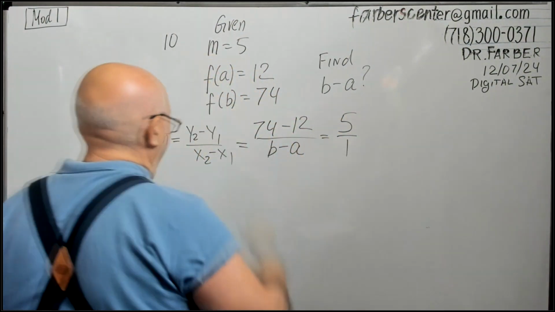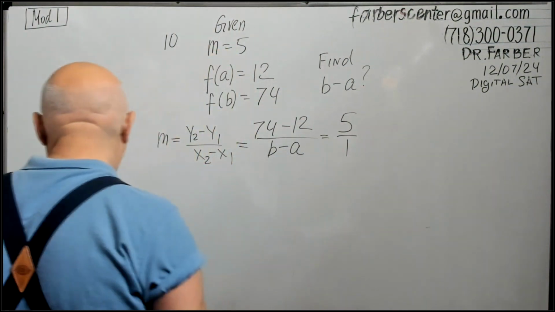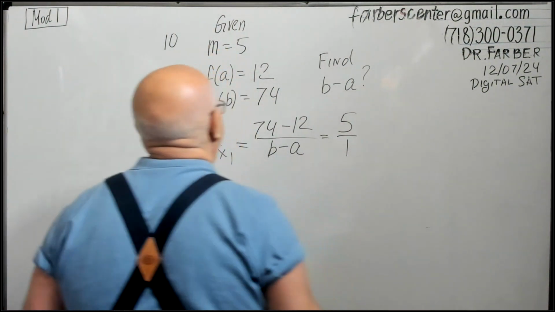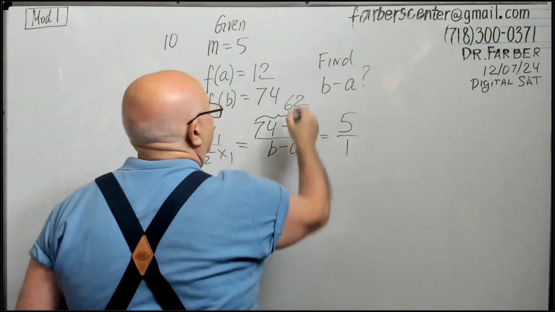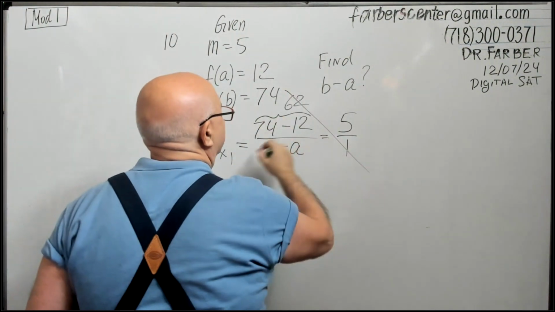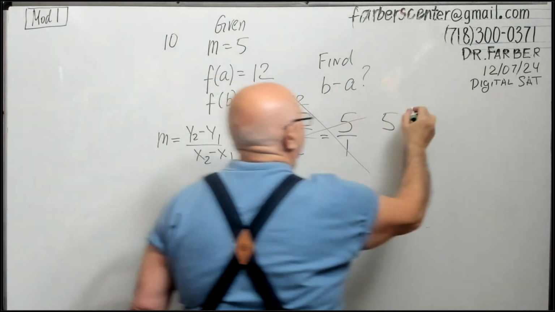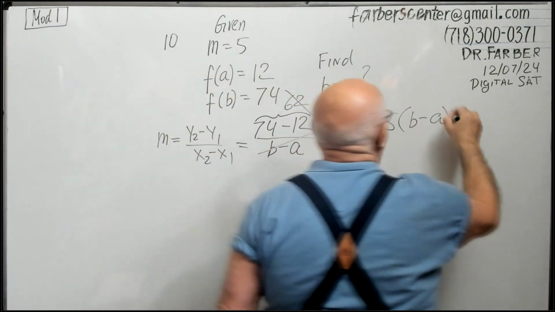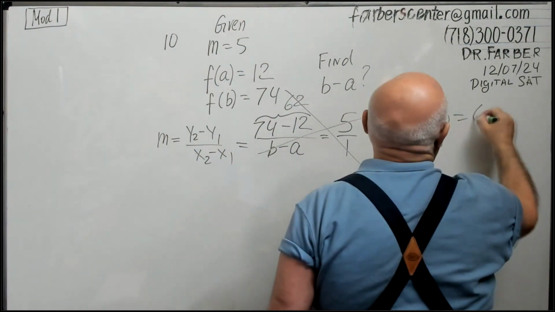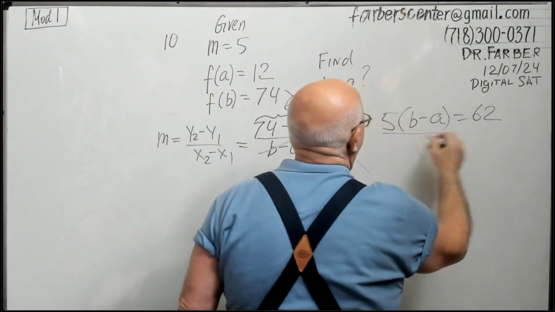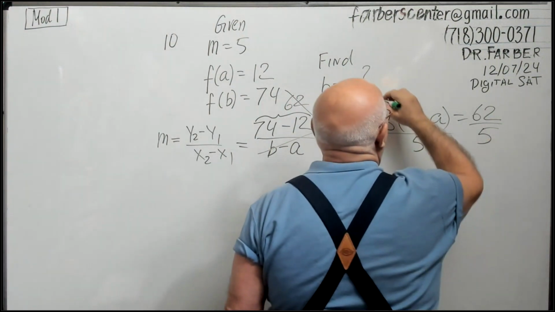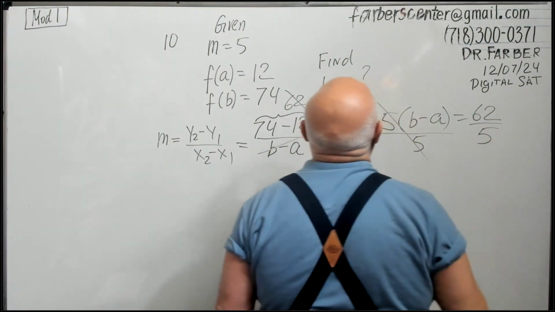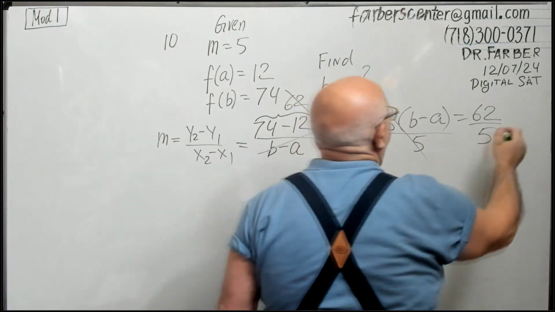If you subtract what you have here, 62. Cross multiply: 5 times b minus a equals 62. Divide by 5, and you instantly get b minus a.